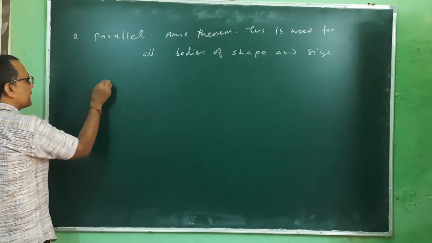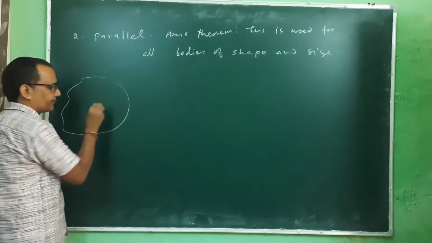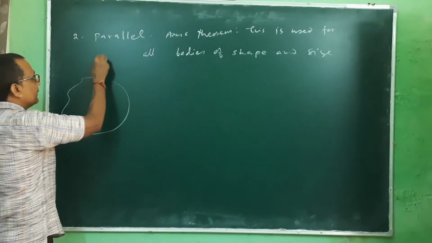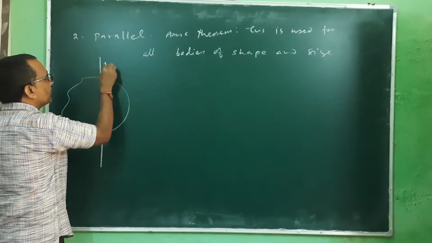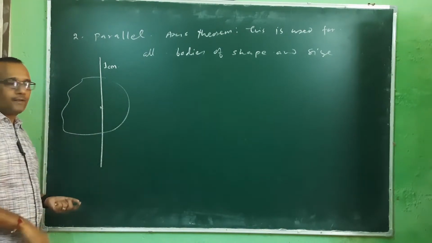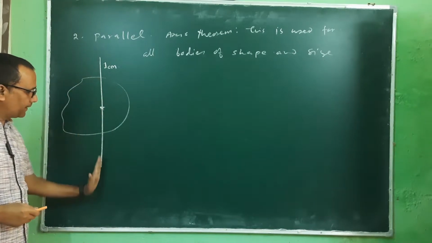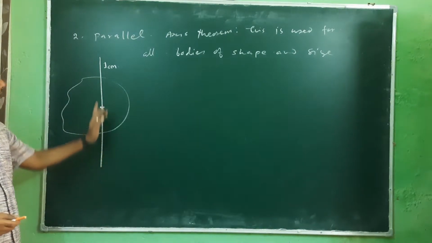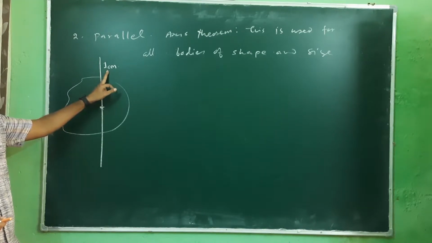So according to this, if this is the body and this is the center of mass, and this axis is passing through the center of mass, the moment of inertia will be ICM, the moment of inertia around the center of mass.